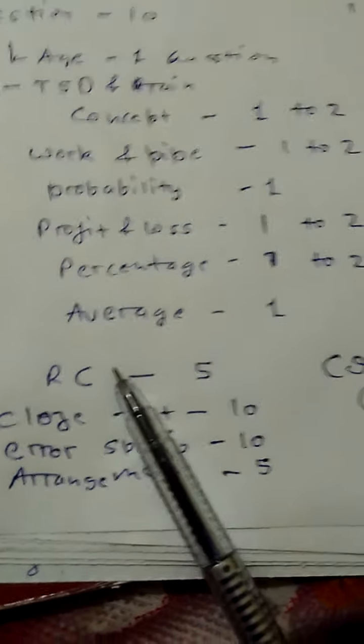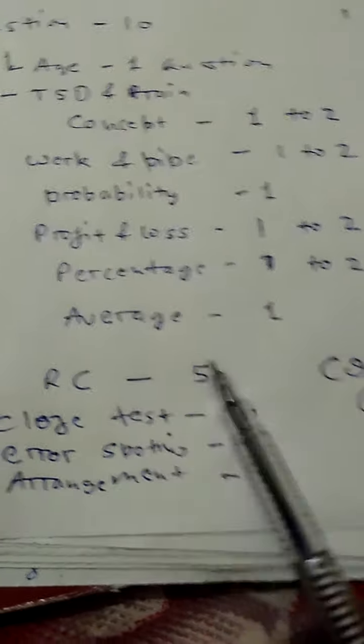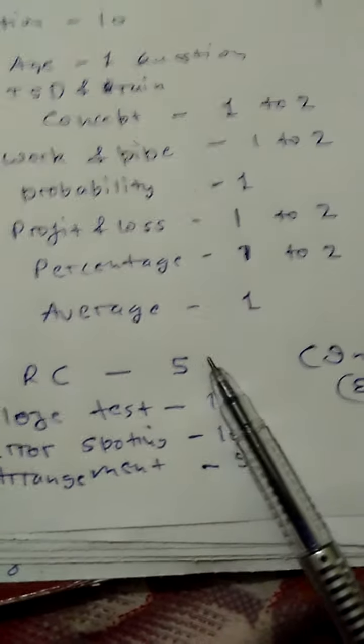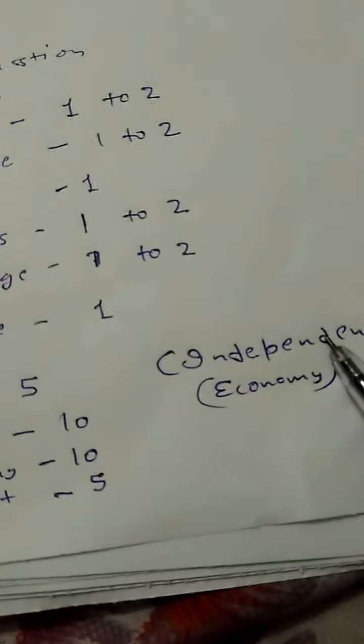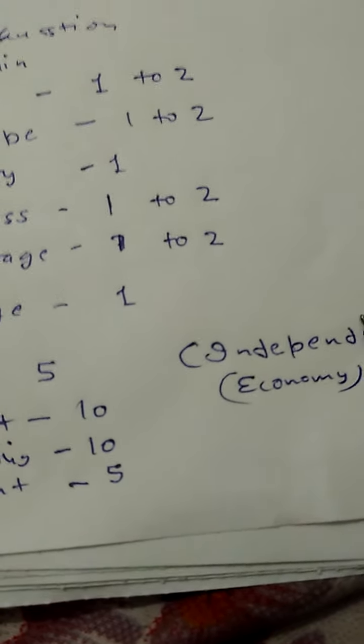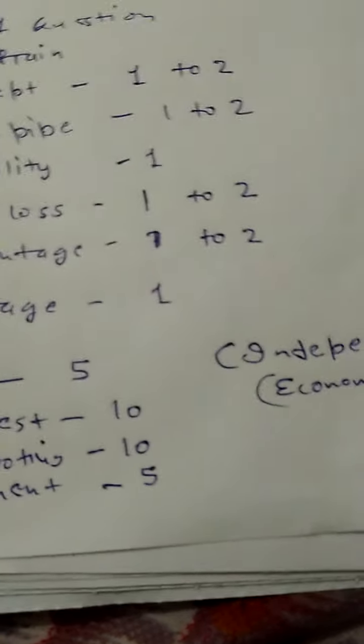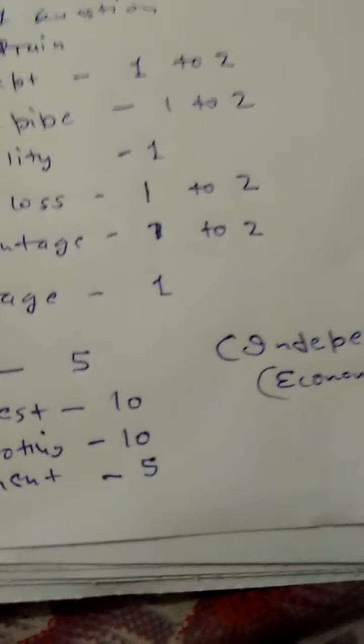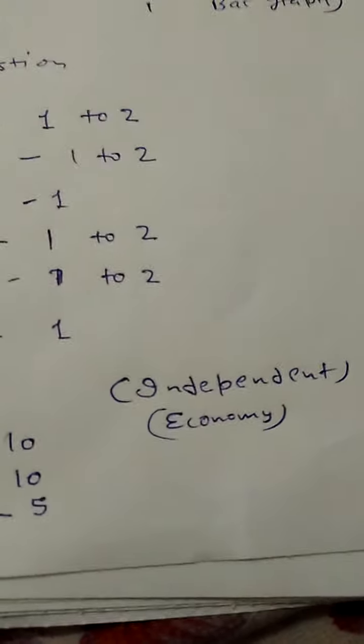But in IBPS 2016, there were 5 questions, and these were independent. Means you first read the passage and analyse it, then give the solution, not a direct passage, and it is based on economy.